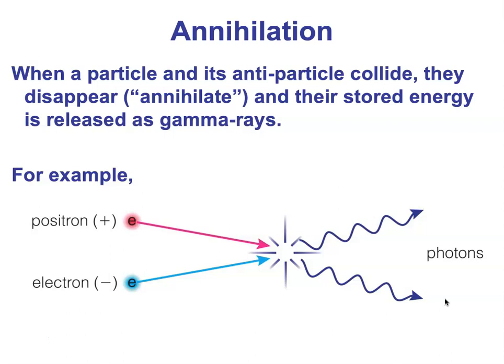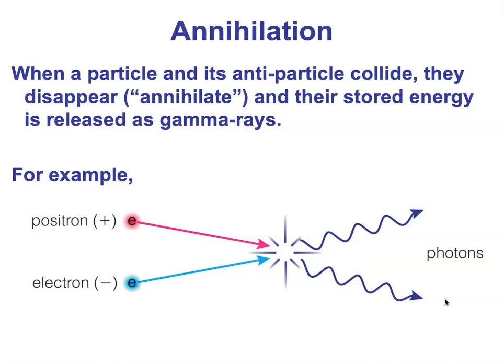The same thing happens with protons and antiprotons. When protons and antiprotons collide, they absolutely destroy each other and turn into a spray of light. Essentially, what happens with matter-antimatter annihilation is that mass turns into energy. Particles, like electrons and positrons, get destroyed and turned into energy.